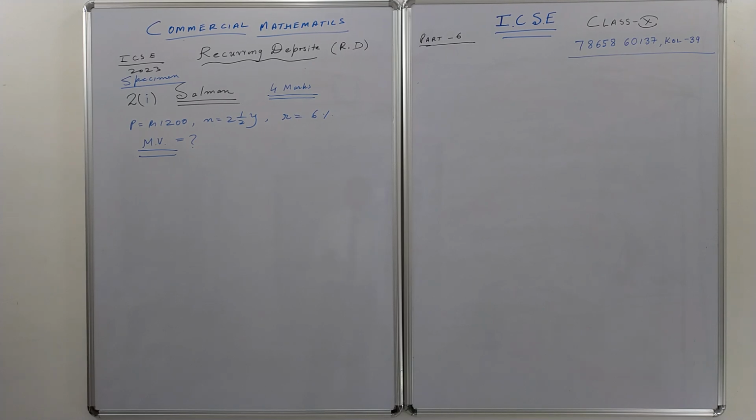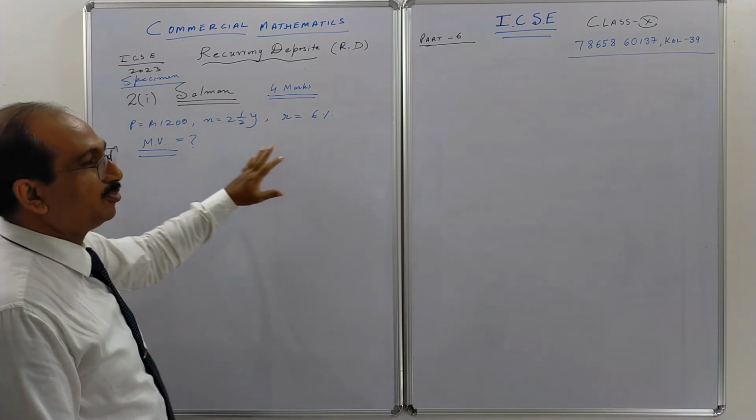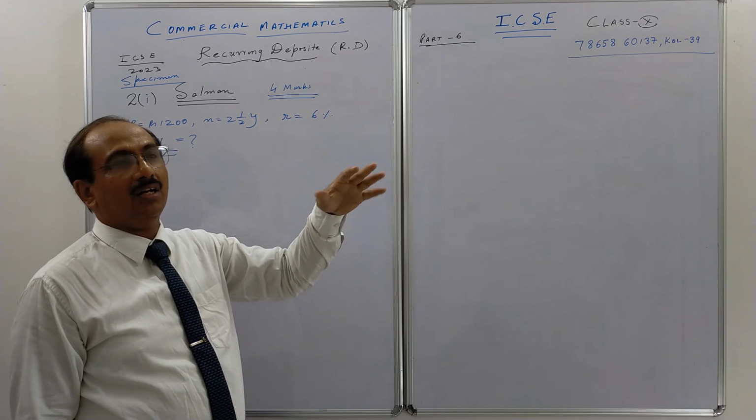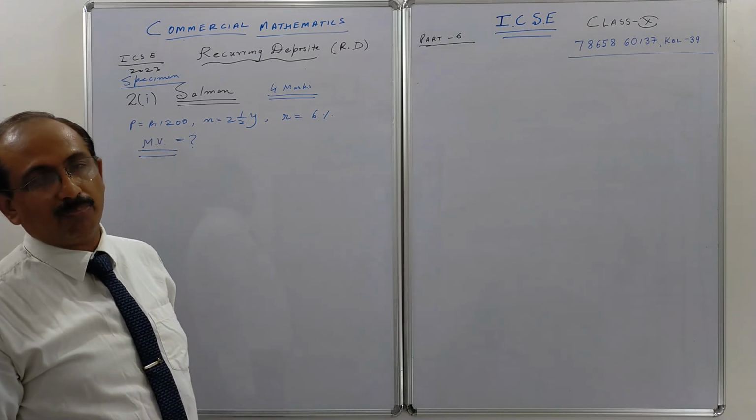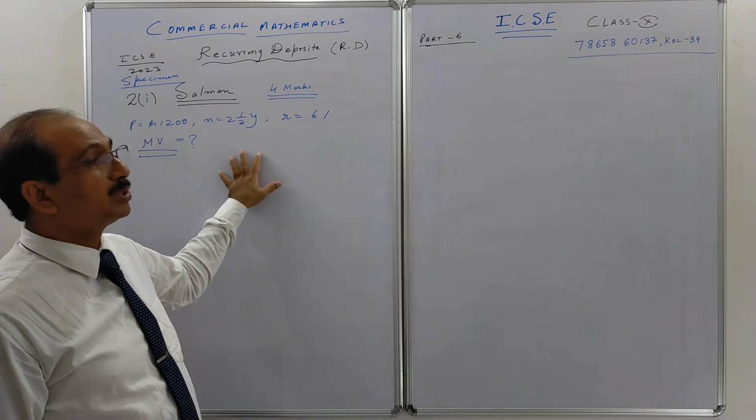Next we move on to the specimen paper for this year, which comes much before the exam. Here also we see the name Salman, who deposits rupees 1200 for 2.5 years at a rate of 6%, and we have to find his maturity value. For teachers, when we set a pre-board paper, we see the specimen paper.